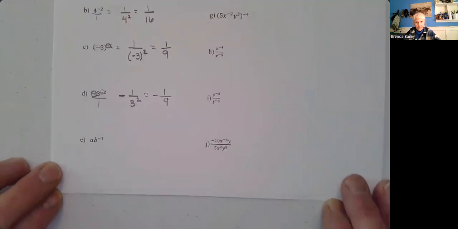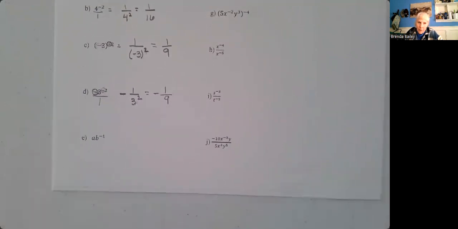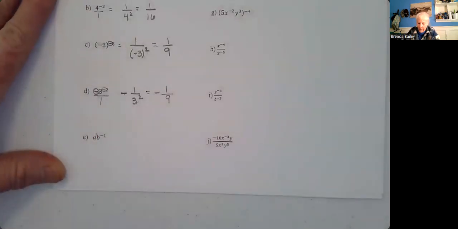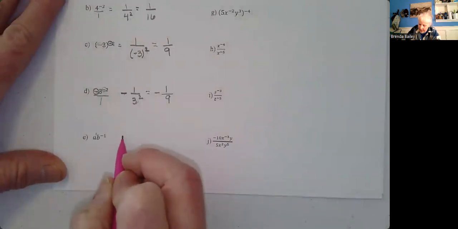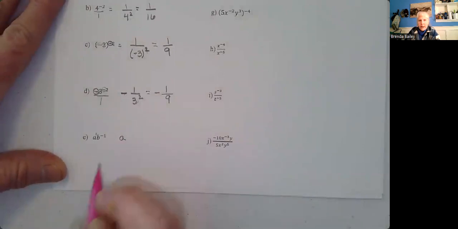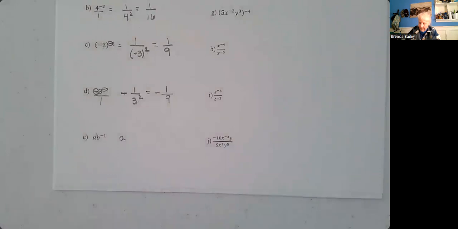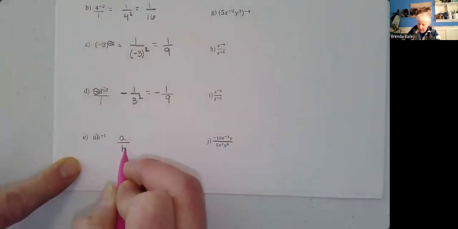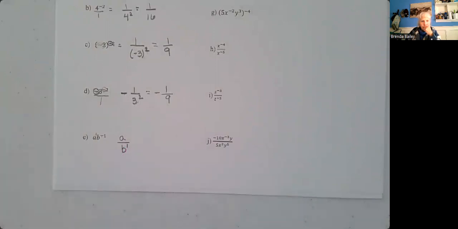Let's look at E. AB to the -1. It's important that you realize that the A has a +1 exponent on it, and the B has a negative, because if it's not there, it's a +1. So the A is going to stay because we want to just get rid of negative exponents. And so to get rid of this negative, I put it underneath to the first power. They kind of split apart.